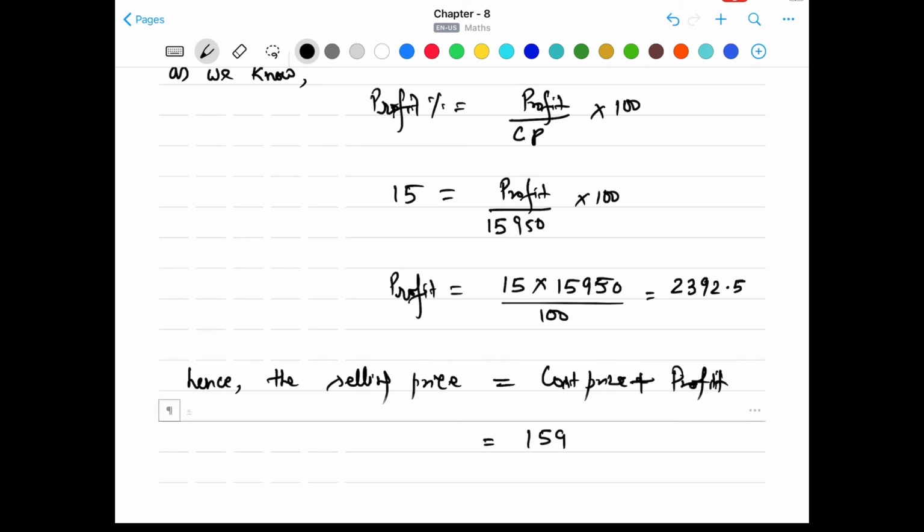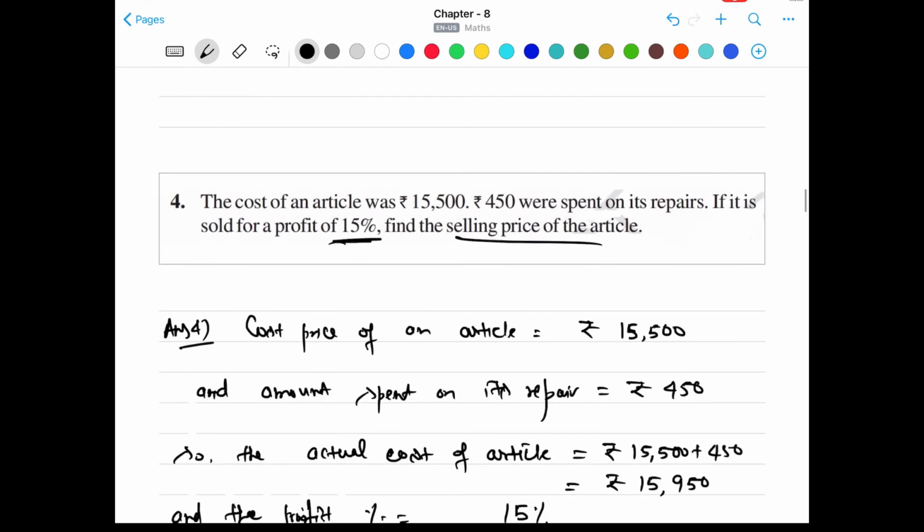Cost price is 15,950 rupees plus profit is 2,392.5 rupees. When you add the two, you will get the result as 18,342.5 rupees. That's the answer. This is the selling price for this article.